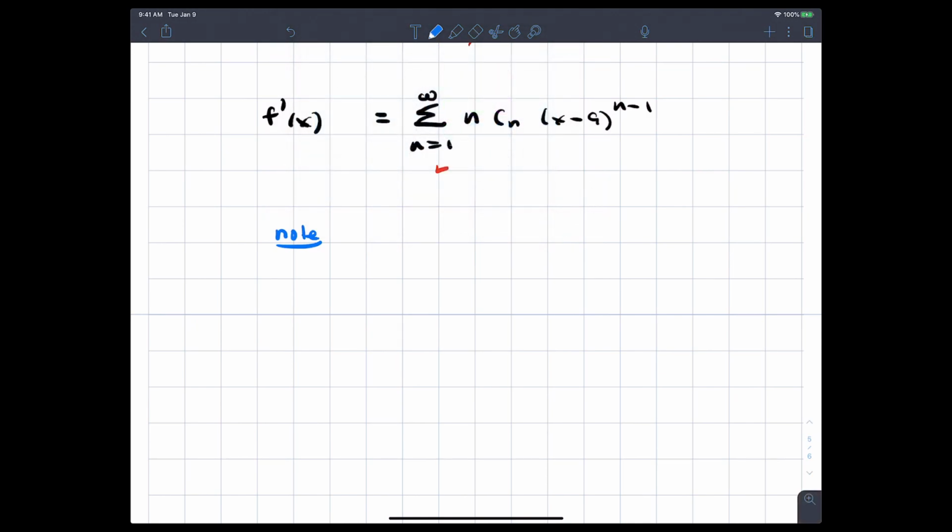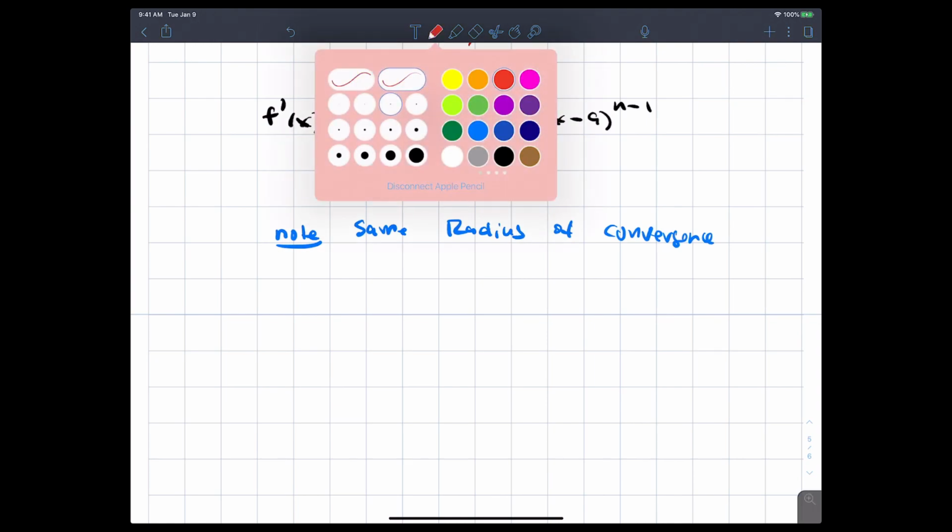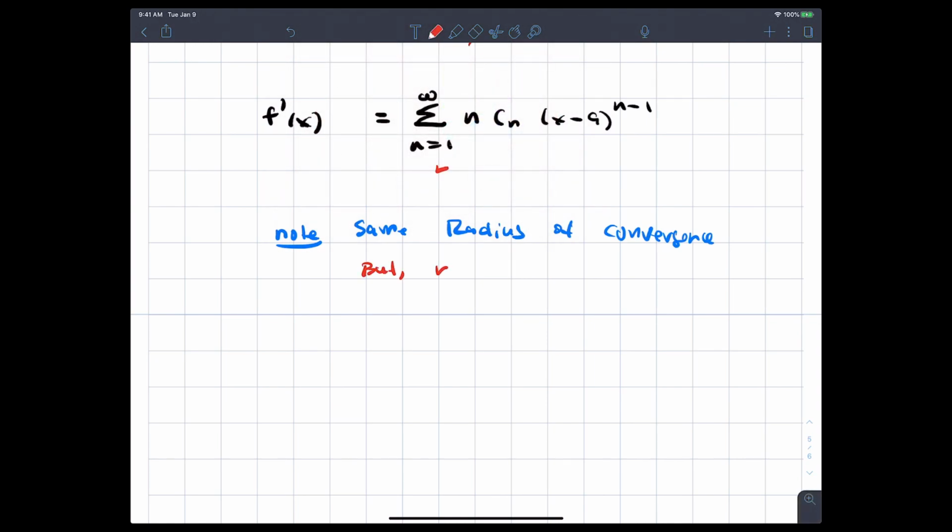This will always have the same radius of convergence, but not necessarily the same interval of convergence. So that's an important detail.